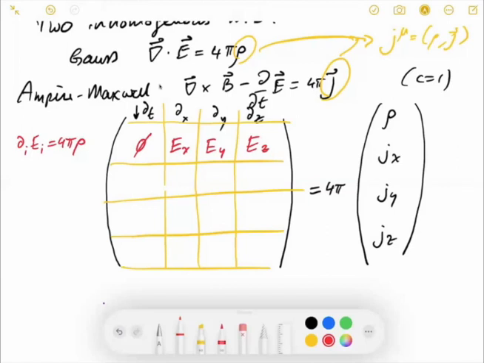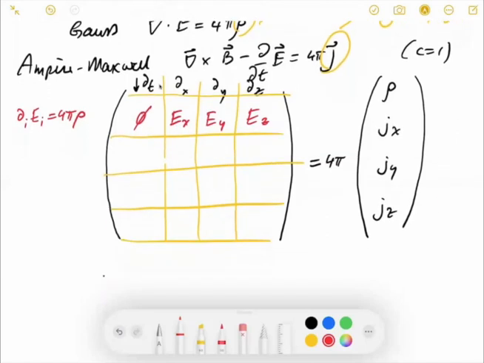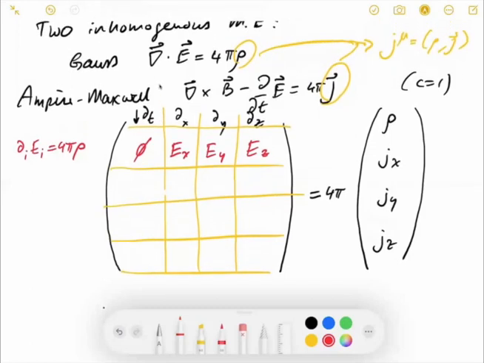So we have the current here, and that current J is going to have two contributions, one from E and one from B. Now the part from E is just the partial derivative with respect to time, which gives you J, which means that the x component of E is going to give you the x component of J once you take the time derivative and put a minus sign in front of it.